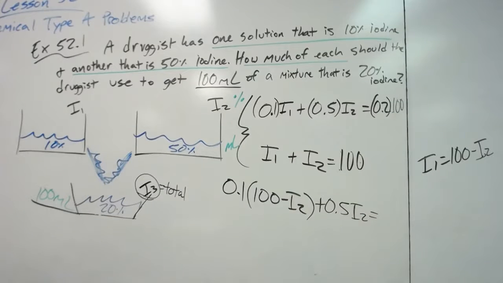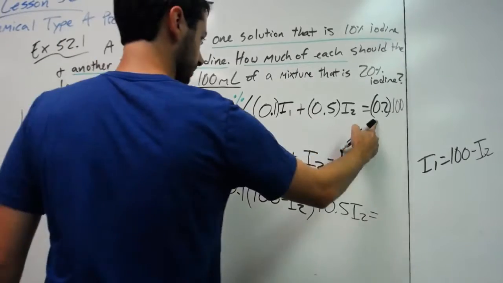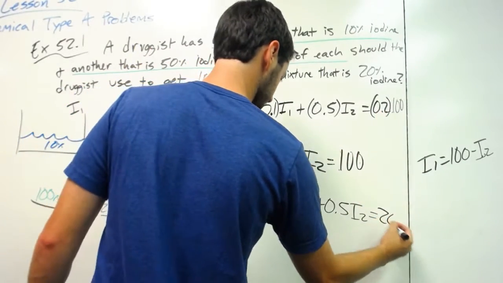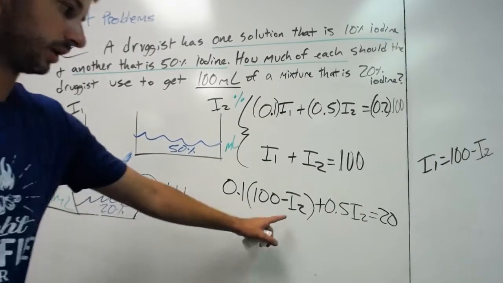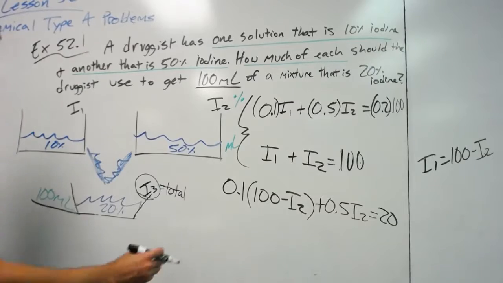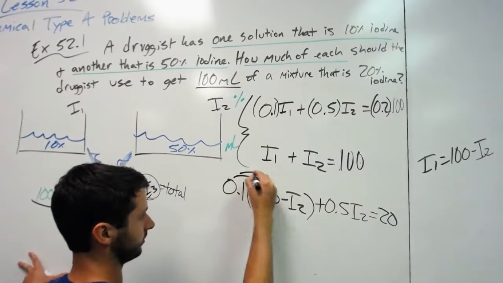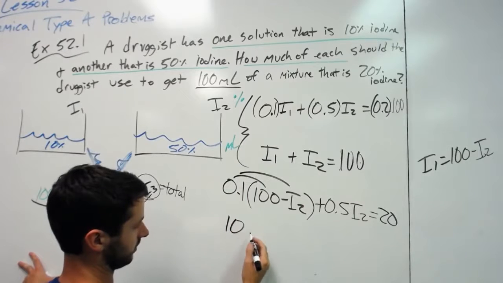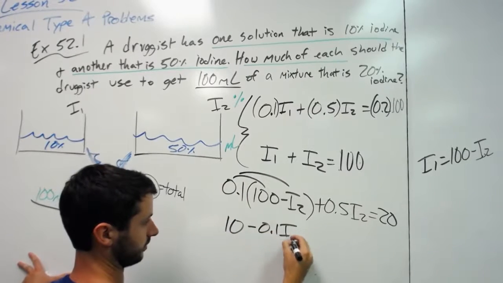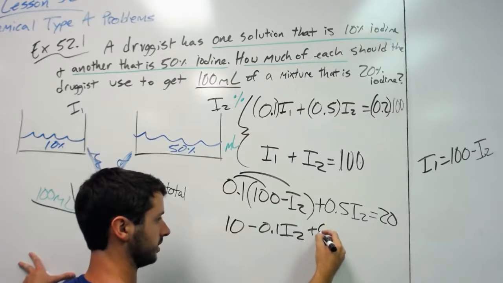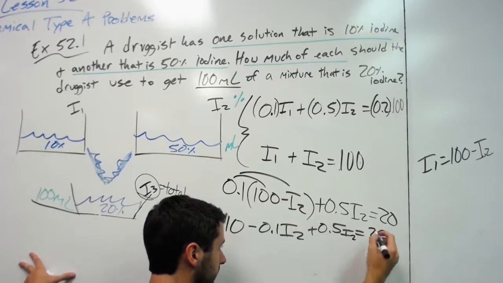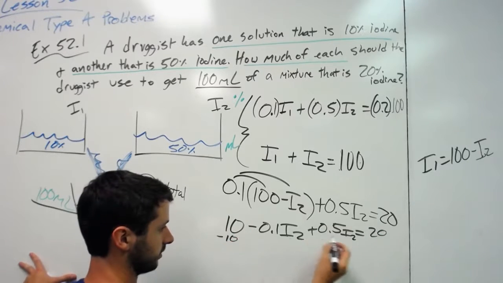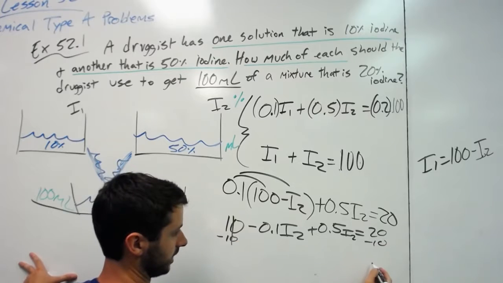I'm going to go ahead and solve that in my calculator. 20% of 100 is 20. Duh. So now we only have iodine 2, so we can solve. We distribute: 0.1 times 100 is 10, minus 0.1 iodine 2, plus 0.5 iodine 2 equals 20. Subtract my 10, and that's 10 here.